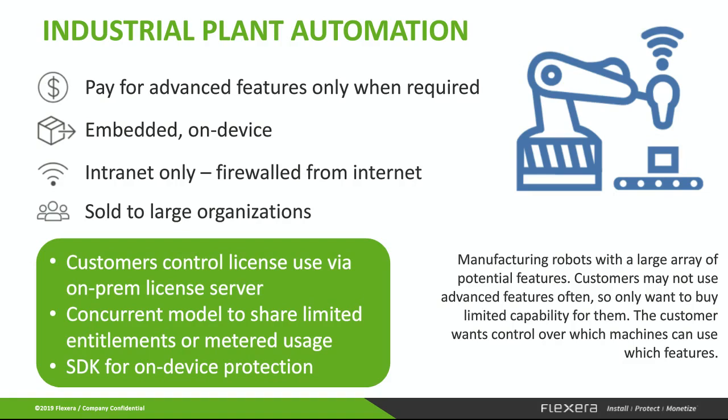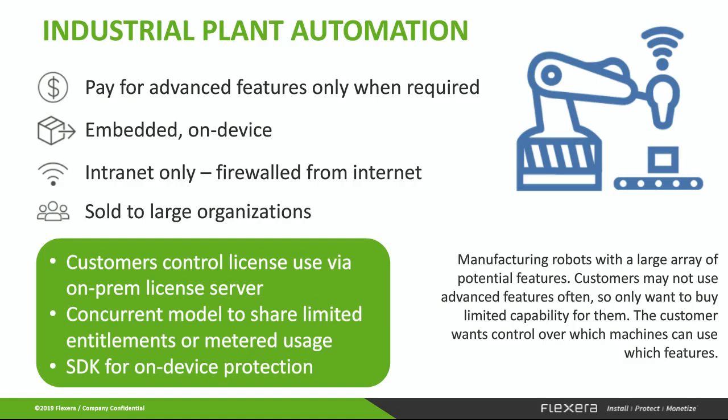So in this kind of situation, you want to be able to put a license server directly onto that intranet, that firewalled network for the factory, that allows the customer to really control and be able to direct the use of the licenses that they've bought, the entitlements that they've bought, and then control how their factory works in the most efficient way that they can for their situation.